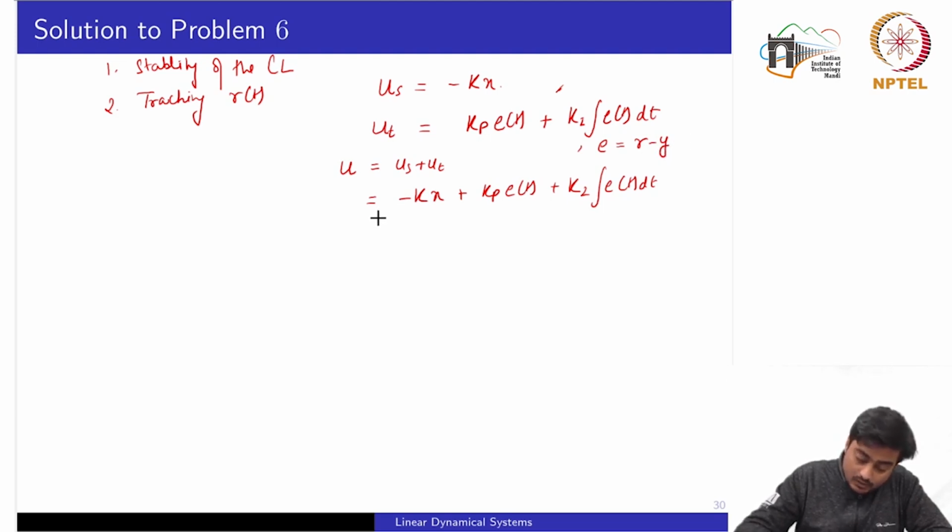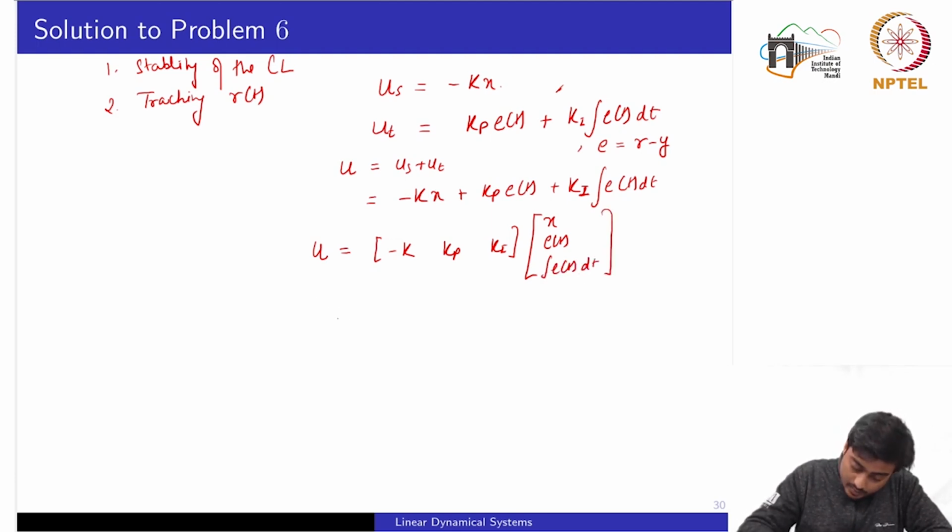Now here we will show that we can achieve both the objectives by using the method we have introduced during the lecture slide. So I will parameterize all this system as a designing of the state feedback gain. So this is k_i. So let's see, I can express my u also as minus k, k_p and k_i, where my this vector would be x, e of t and the integral of e of t dt, which again can be expressed as some k tilde and x tilde.